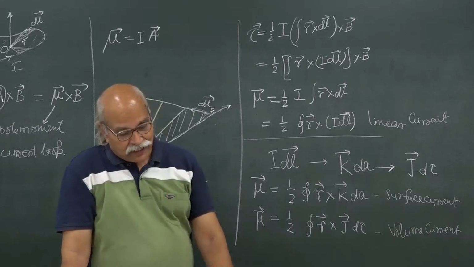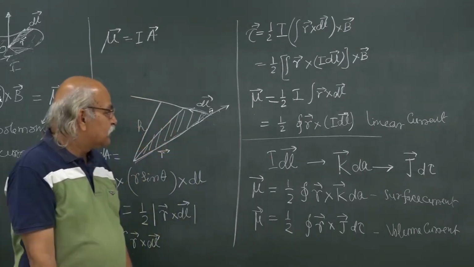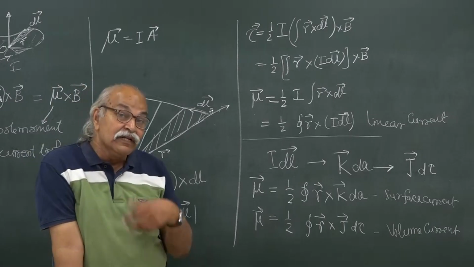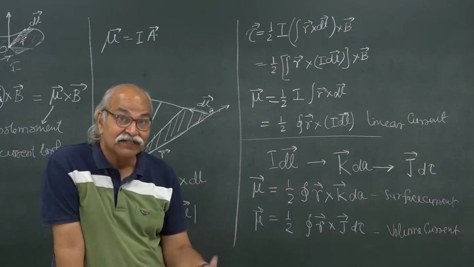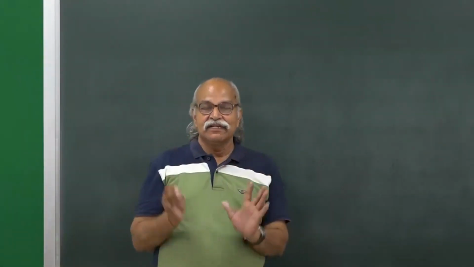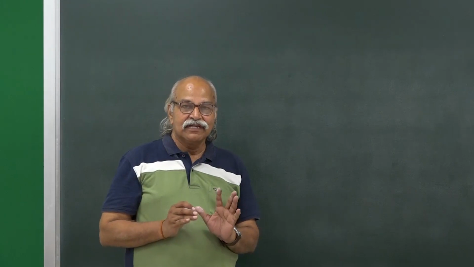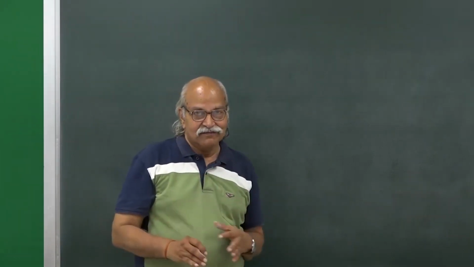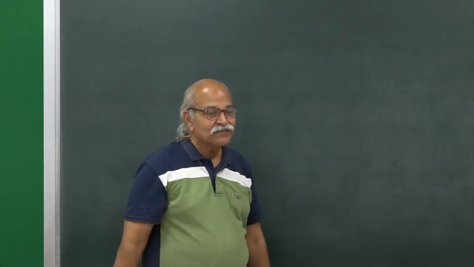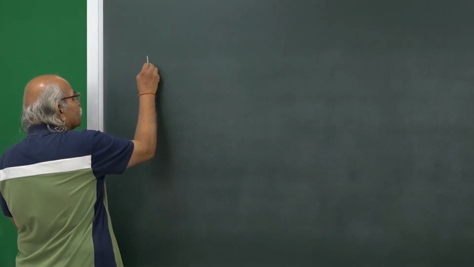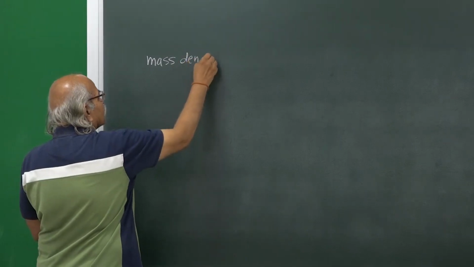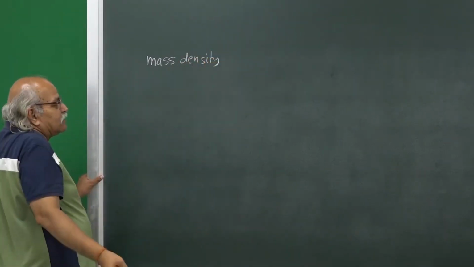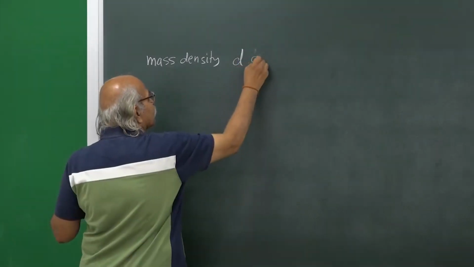Now, another thing I would like to do today is a relation between angular momentum and magnetic dipole moment. Suppose you have a material, and that material has mobile charges which can move and create currents, and the mass density, let me write as d at r.